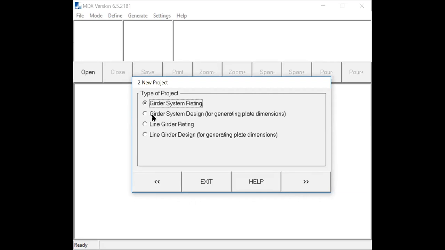And the second option is the system design, where you just input the loading and so on, and the program gives you some automatic design.